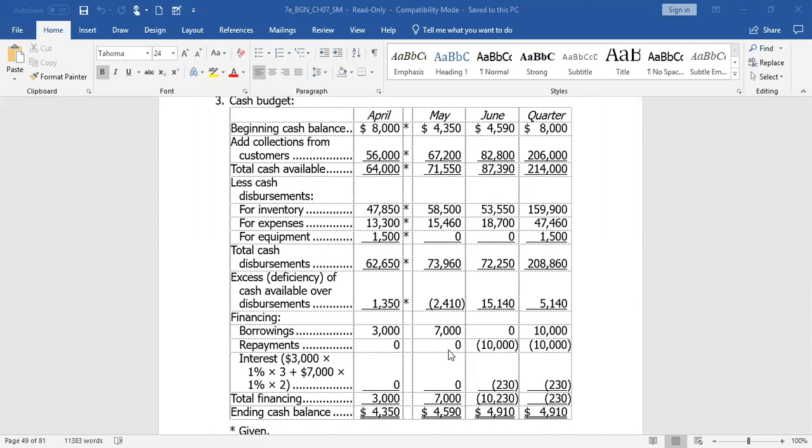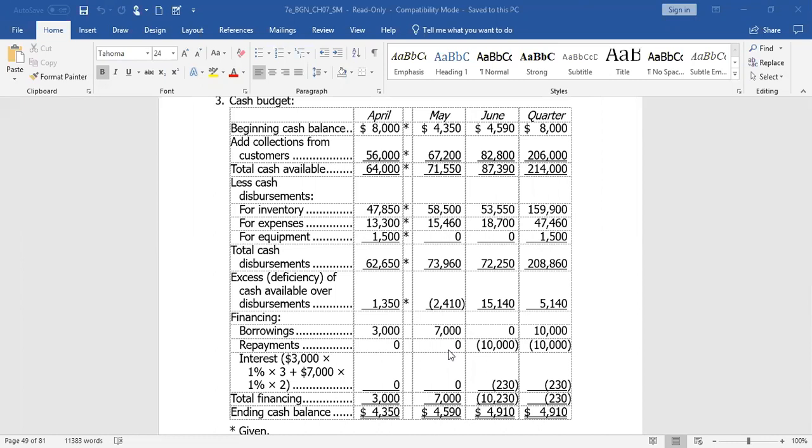Now, at the end of April, this company only has $1,350. It wants to maintain at least $4,000, but they can only borrow in $1,000 increments. So they're going to have to borrow $3,000 in order to have a balance at or above $4,000, so $4,350. They'll begin May with that $4,350 balance.